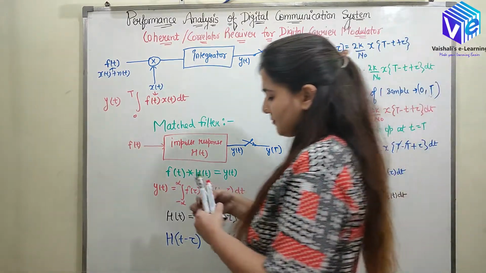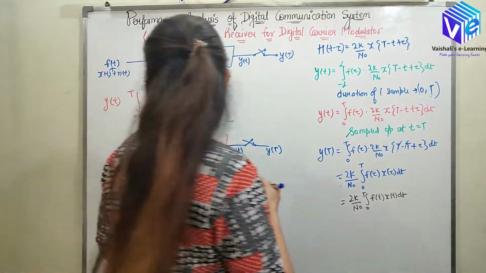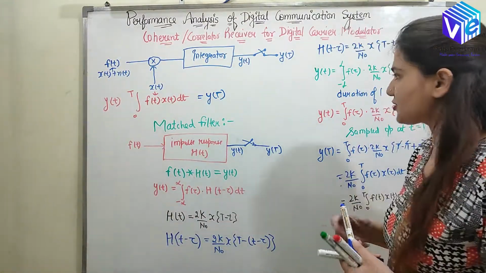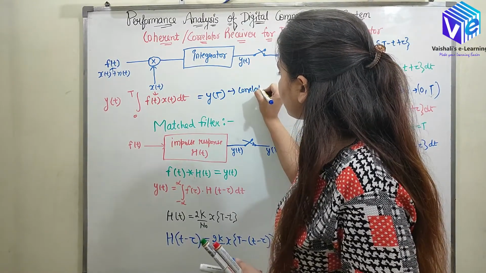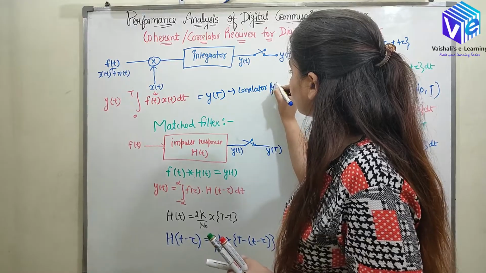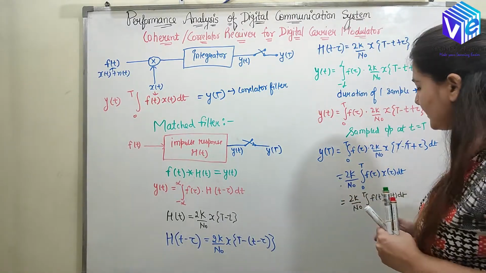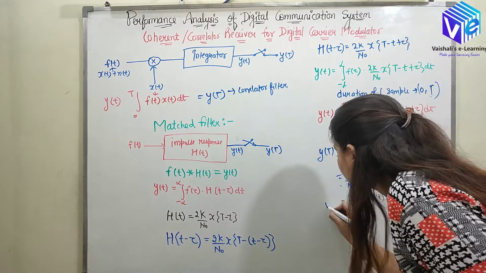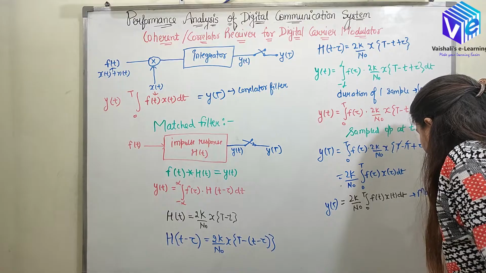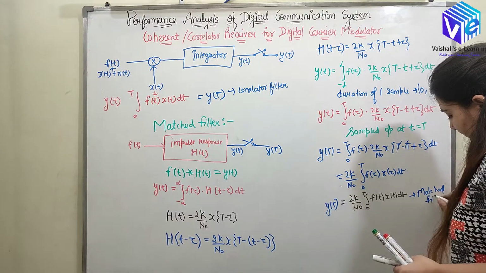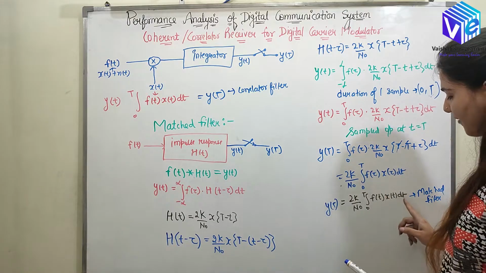Now this gives me the sampled output for the matched filter. This is the sampled output of the correlator filter, which was the integral from 0 to T of f(t) x(t) dt. The sampled output of the matched filter is 2k by N0 times the integral from 0 to T of f(t) x(t) dt.